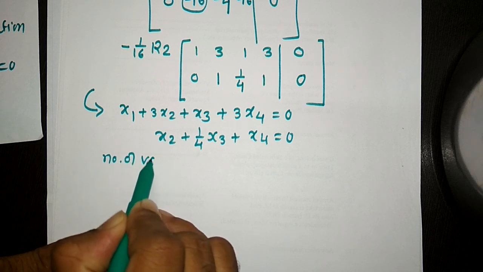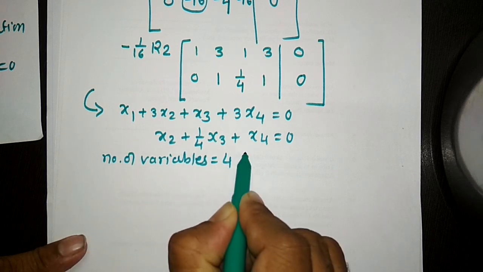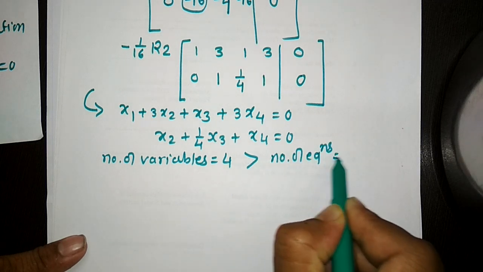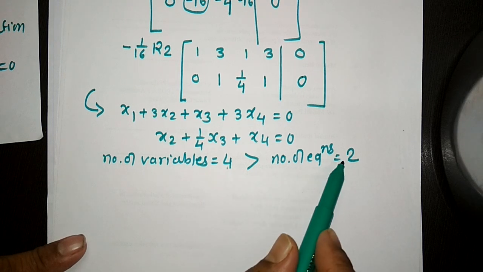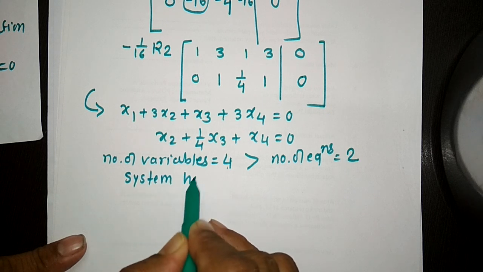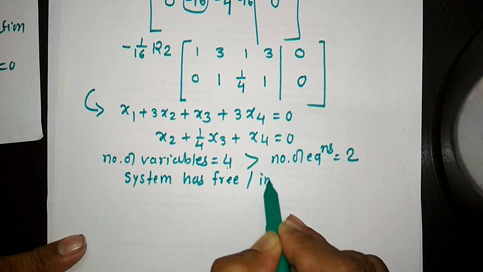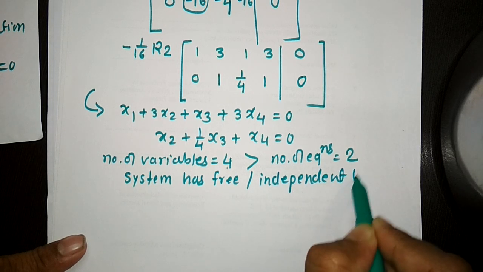Number of variables, which is 4, is greater than number of equations, which is equal to 2. And whenever the number of variables is greater than the number of equations, the system has free or independent variables.